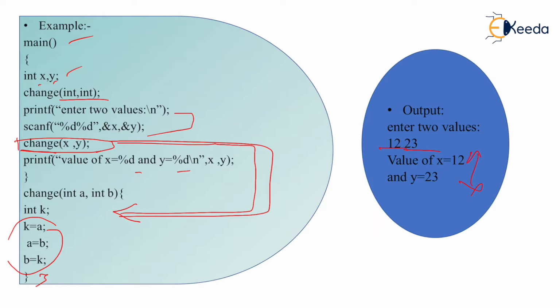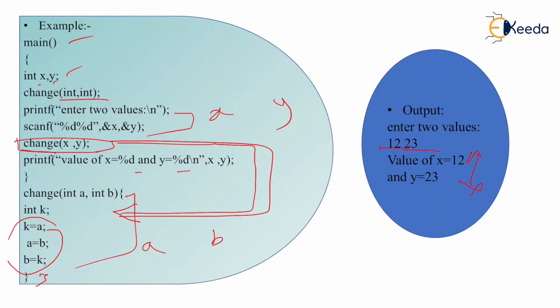Can you see in the code? The values are not swapped because when we are sending the values of x and y, we are sending that value to a and b, right? So x and y are local variables for the main function, but a and b are local variables for this block of code, right?